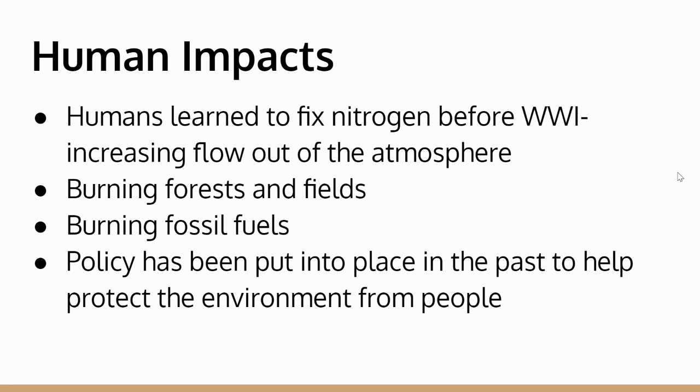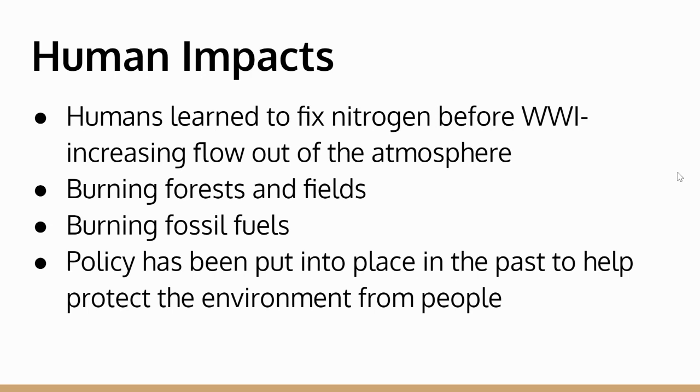So we increased the flow out of the atmosphere. We were able to take nitrogen out of the air and use it for fertilizer, and increase the amount of nitrogen that was coming out of the atmosphere.